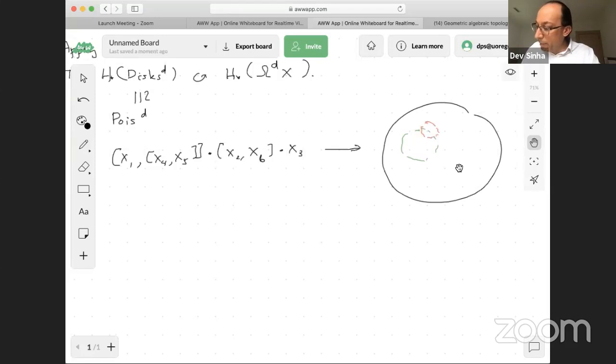So I'm going to have the disk labeled 1 orbiting the center of mass of disks labeled 2 and 5. And then it's 4 and 5. Then I'm going to pick another place somewhere, and 2 and 6 are orbiting one another.